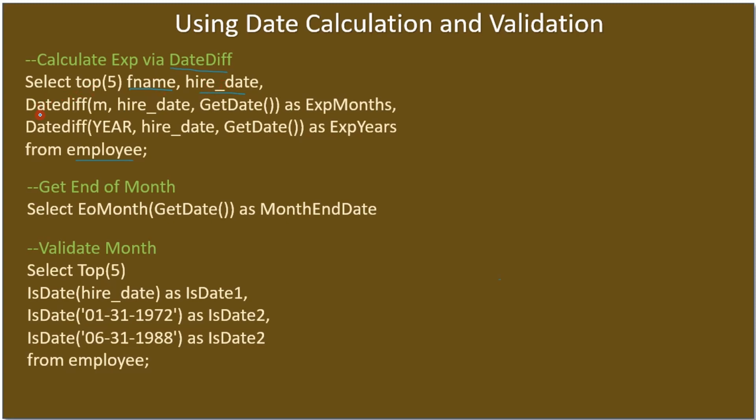So here we are making use of DATEDIFF with hire date, the employee's hire date, then GETDATE. This will give today's date, and we are passing hire date and today's date to the DATEDIFF function, and we want the difference in terms of months. So that's why we specify m here.